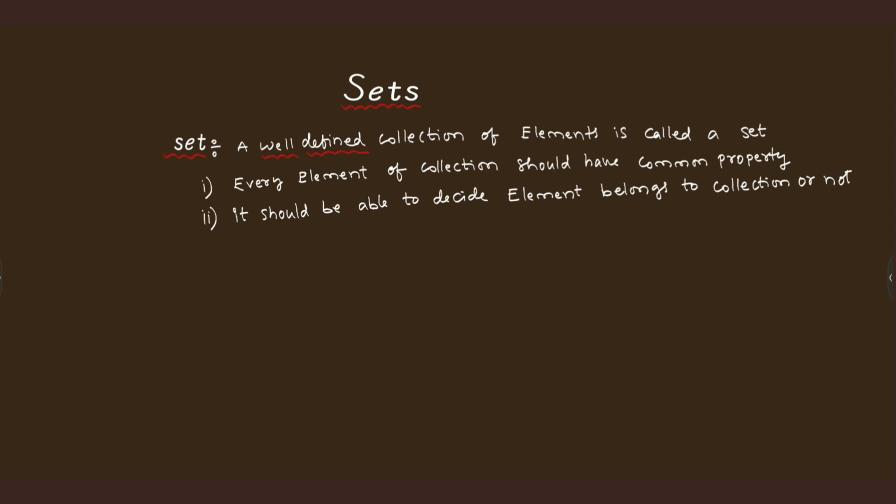So the talent is not defined well, and we will not be able to decide which student will come into that collection and which will not. So that is not a well-defined collection. Whenever a term like most is used and it is not specifically defined, we say that it is not a well-defined collection.